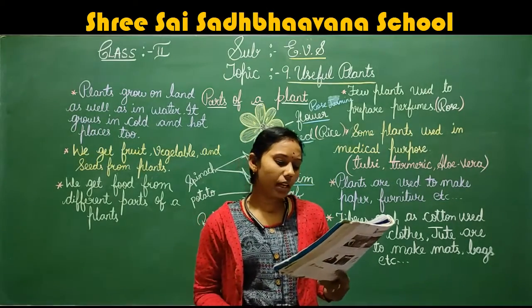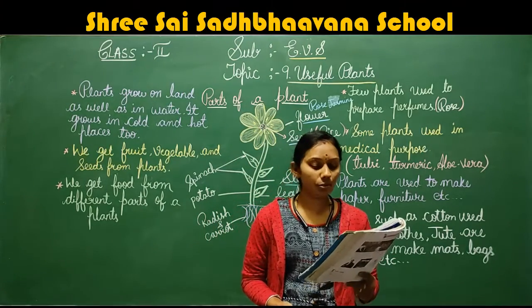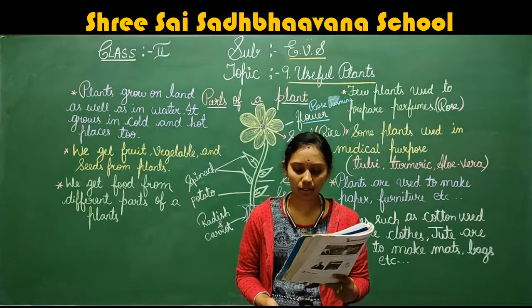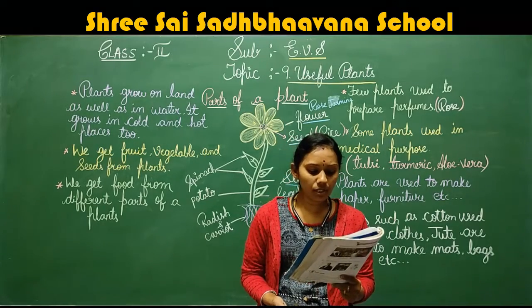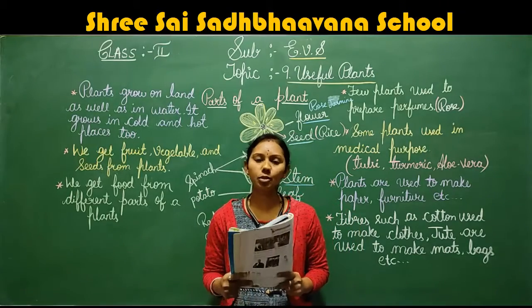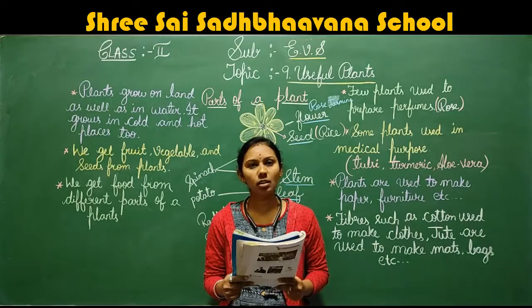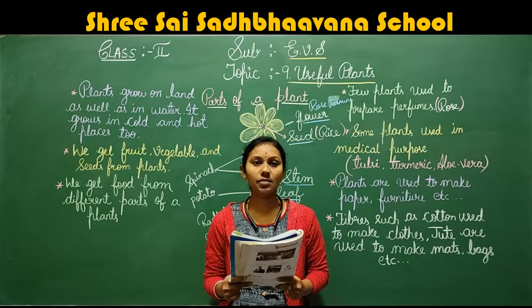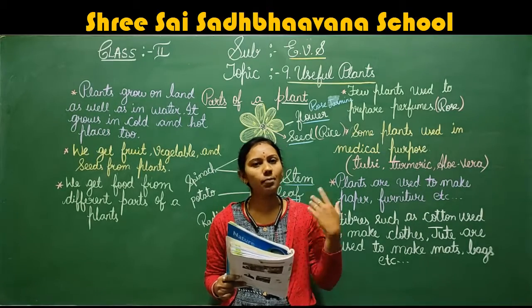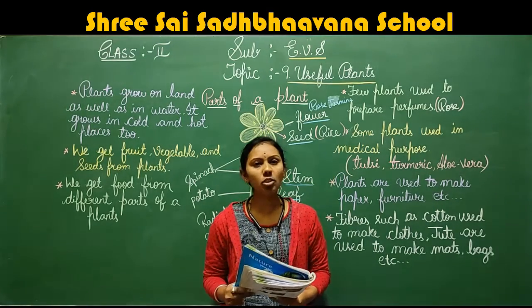Okay. Next, plants give us fruits. Some fruits are juicy and some are dry. Fruits keep us healthy. We get fruits from the plants in two ways: one is juicy fruits and the other is dry fruits. Which are the juicy fruits?